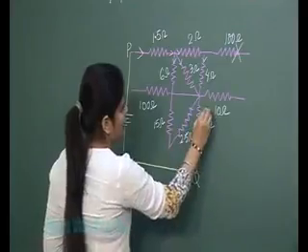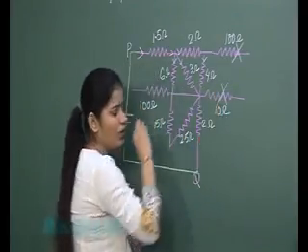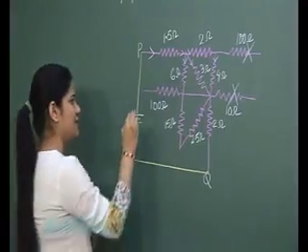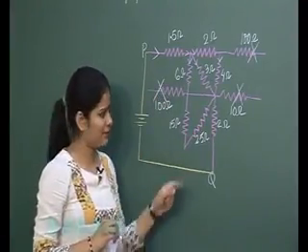Student, here also the circuit is not completed, so current will not flow through this resistance. Similarly, here also current will not flow through this resistance.